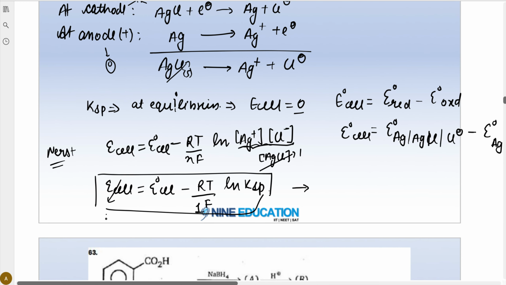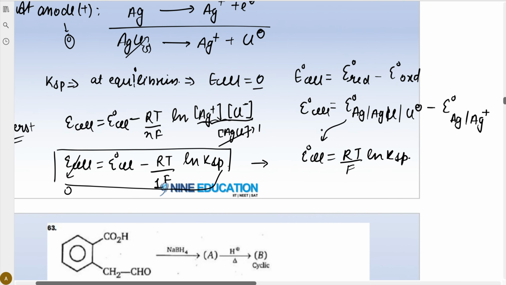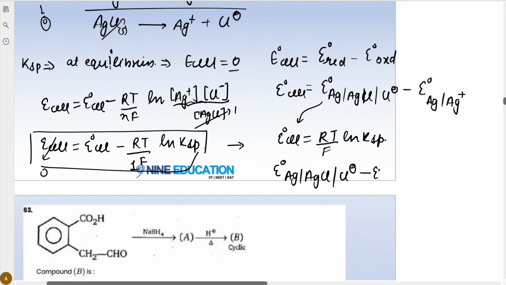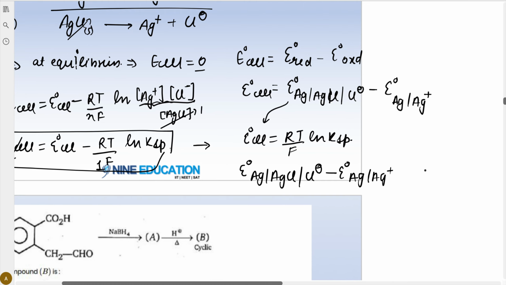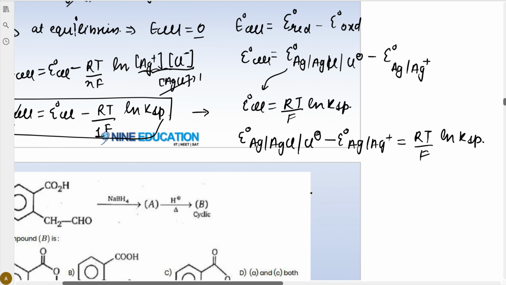So E cell will come out 0 from here. So E naught cell will come out as RT by F ln of Ksp. And E naught cell from here will be E naught of Ag, AgCl, Cl minus, minus E naught of Ag positive, which will give you RT by F ln of Ksp, the solubility product.